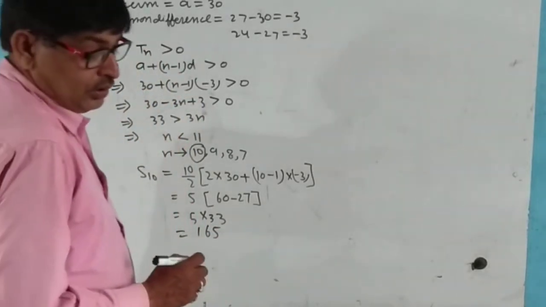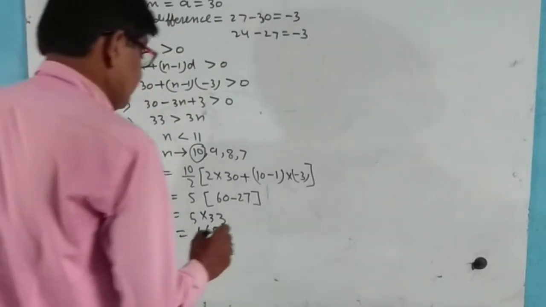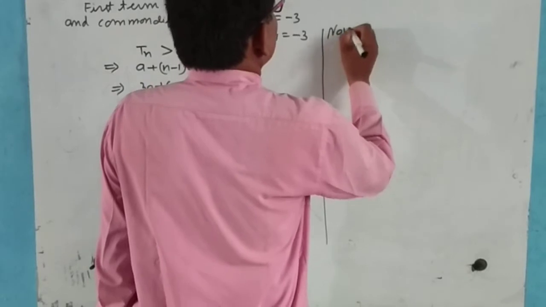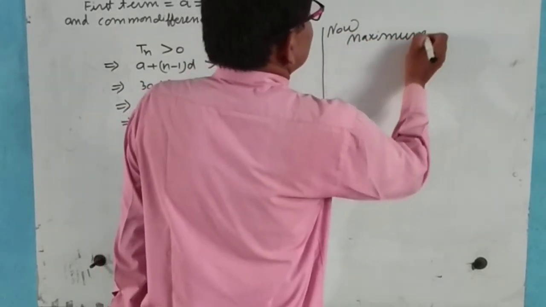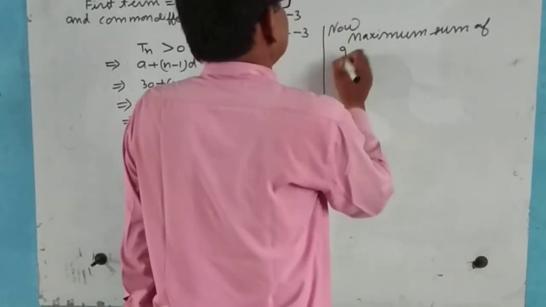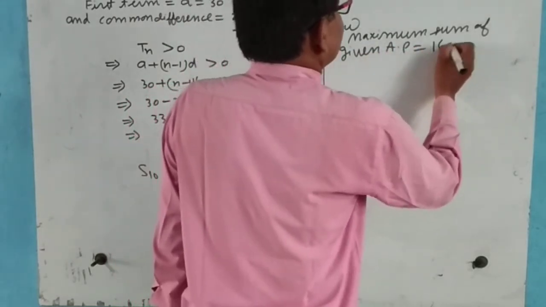Now the maximum sum of the given AP is 165.